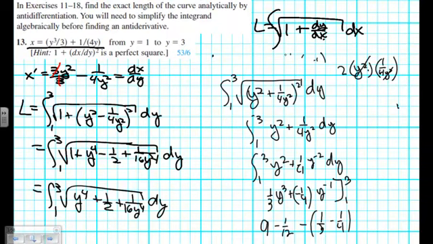Okay, cleaning that up. What do we have? Common denominator of 12. So I got 9 minus 1/12 minus 4/12 plus 3/12.